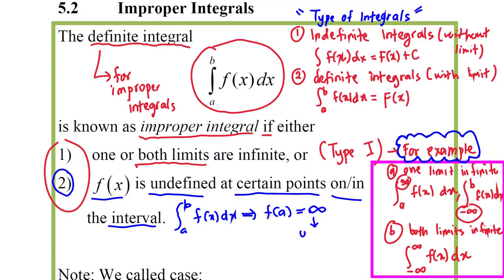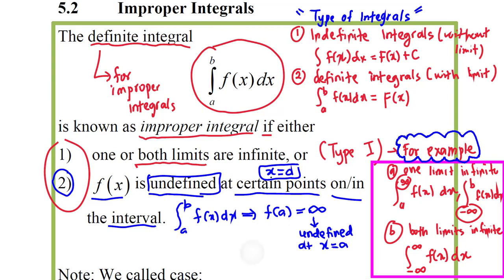So this one we call undefined at a certain point. Let's say this point is x equal to a, and this one is undefined. So this is the second type of improper integral.